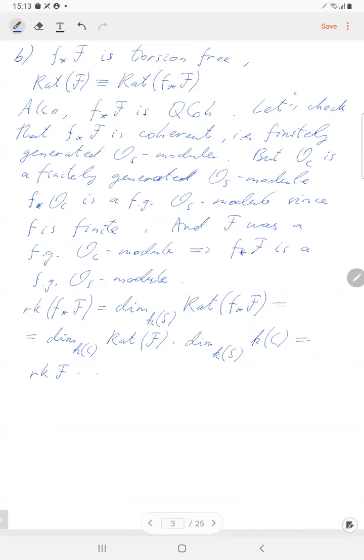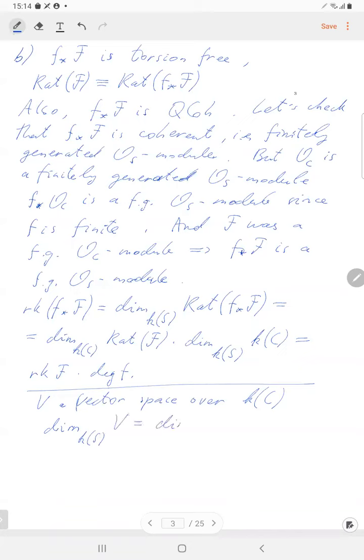Rank F times degree of F. Now, answering your question, if you have V, a vector space over the big field K of C, then the dimension of V over the small field is the dimension of V over the big field times the degree of the extension.